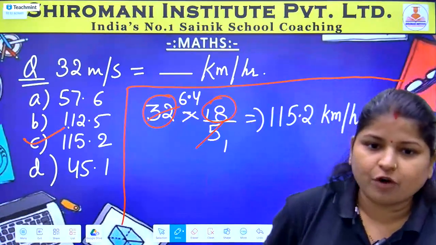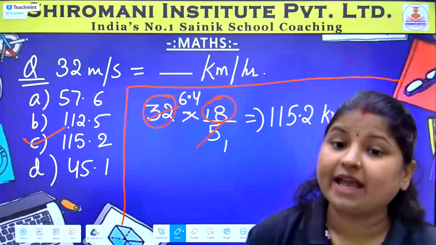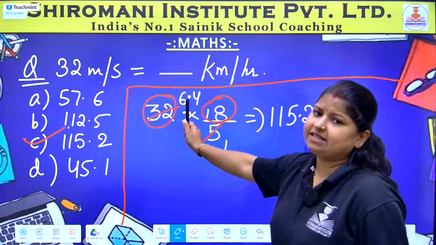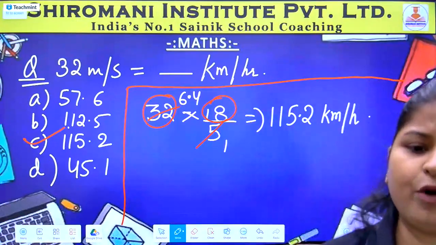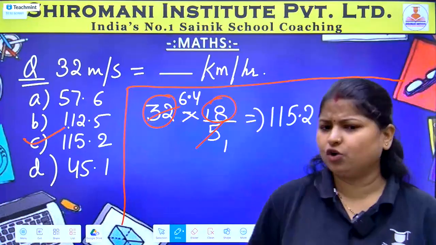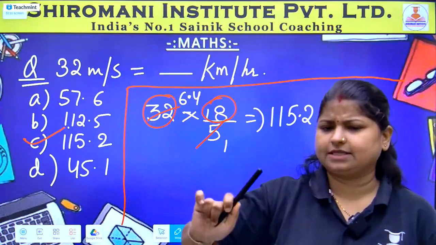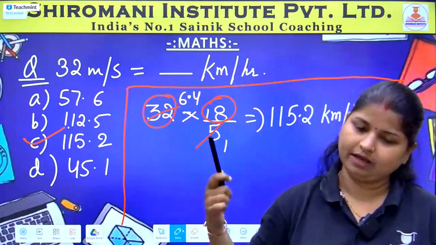So 6.4 will be my answer. Then multiply 6.4 into 18 and you will get 115.2. How will you multiply 6.4 by 18? Don't multiply by 18 directly. Do 64 into 10, then 64 into 8, and add them.